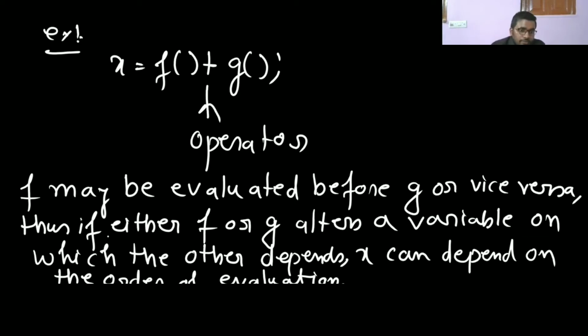So if either F or G alters a variable on which the other function depends, then X depends on the order of evaluation. It is compiler dependent. This is called a side effect.